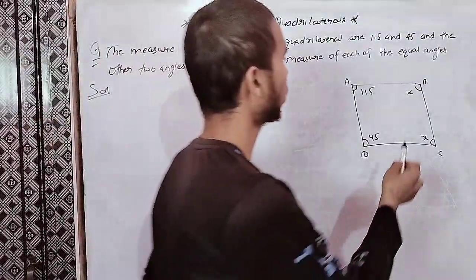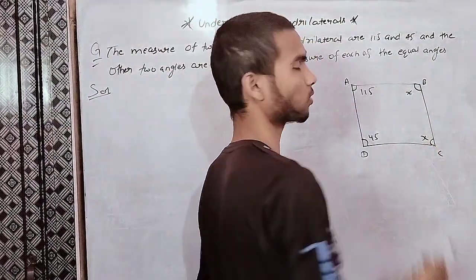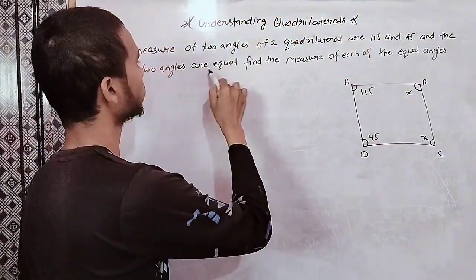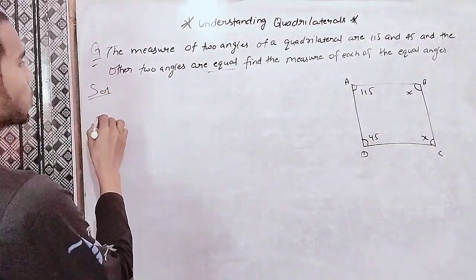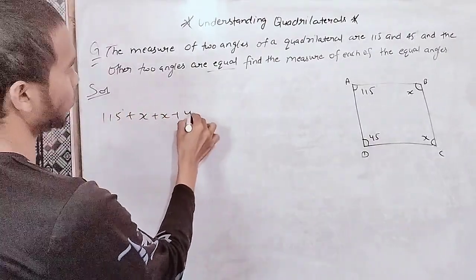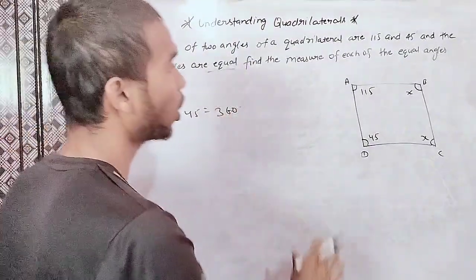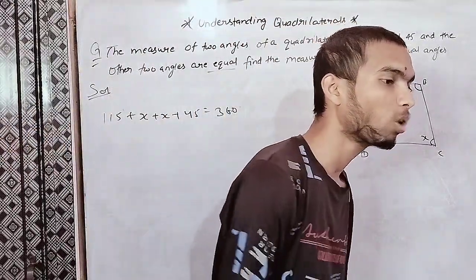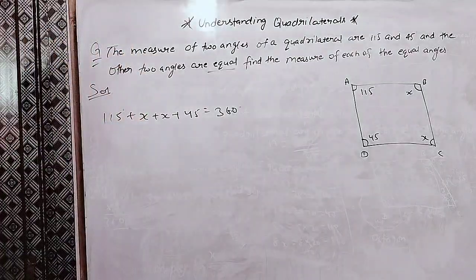Already we know the value of this will be 150 and the value of this will be 45, because the question says the same. Now in written form, 150 plus x plus x plus 45 is equal to how much? 360 degrees, because the sum of all interior angles of a quadrilateral is 360 degrees.